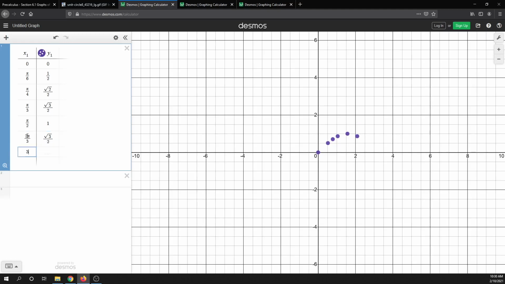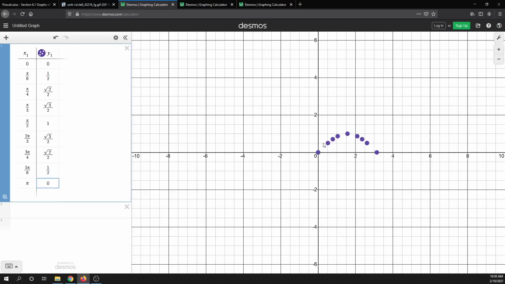The next one would be 3 pi over 4. The next one would be 5 pi over 6. The next one would be pi and 0, back like this.